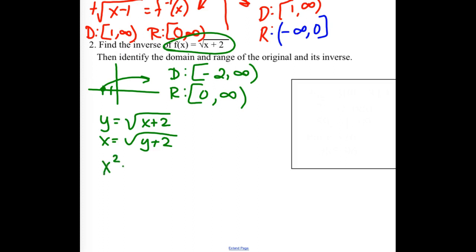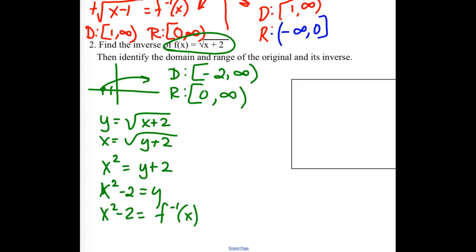Okay. So x squared equals y plus 2, and then x squared minus 2 equals y. Is that going to be a function? So we can say x squared minus 2 is the inverse of my original. Okay.